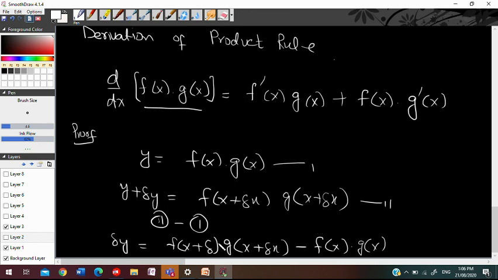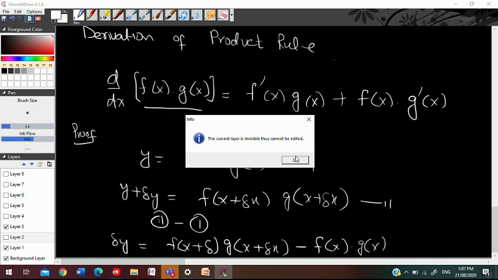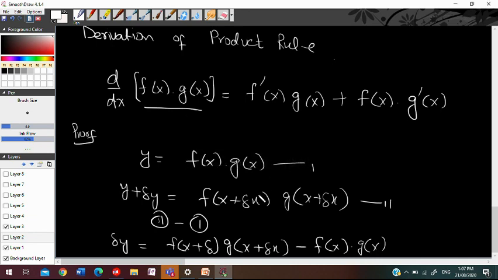Normally we are doing these same steps, but in the product case, if I change my supposition, instead of y, if I take phi of x, then what will happen with the rest of the equations?